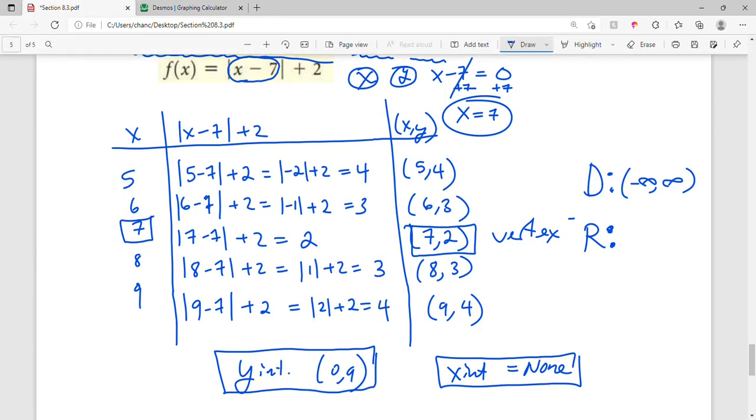That's our range. The range goes down to 2. It's including 2, so I'm going to use a square bracket. And goes up forever, so we'll use the infinity symbol. This is our range. It goes down to 2 and up to infinity.